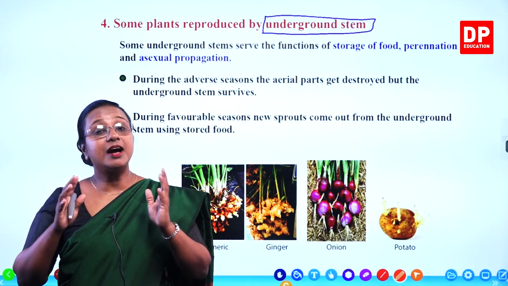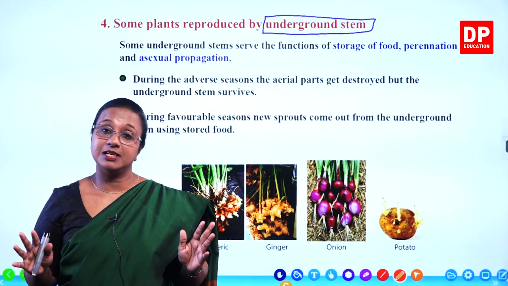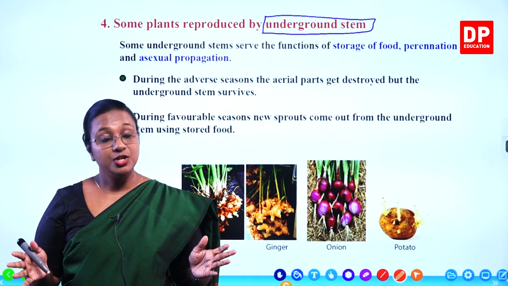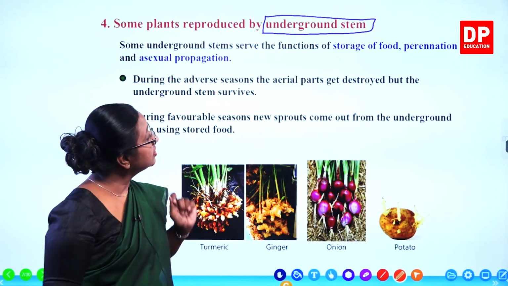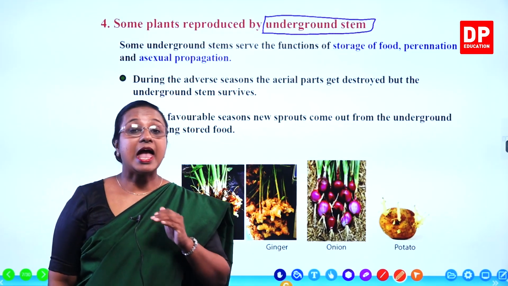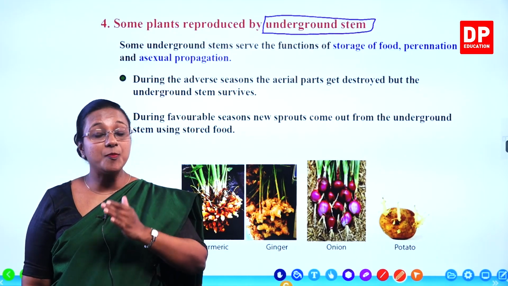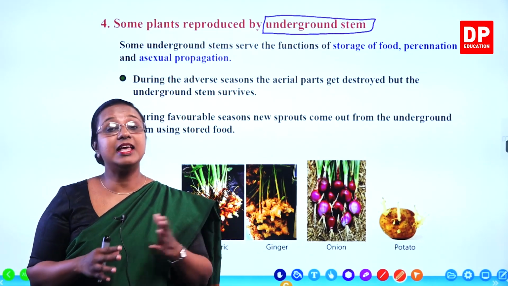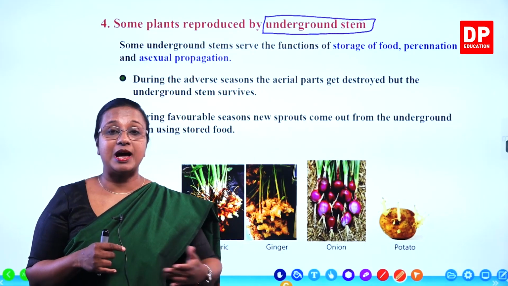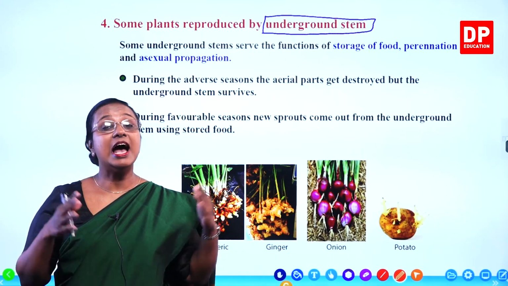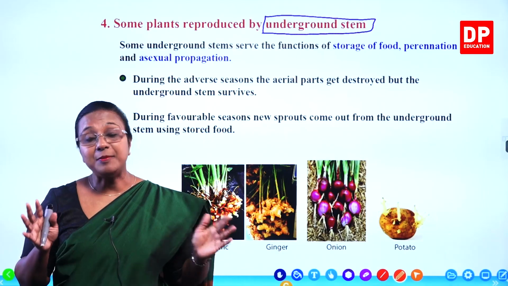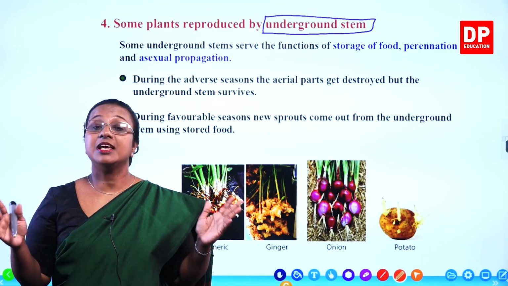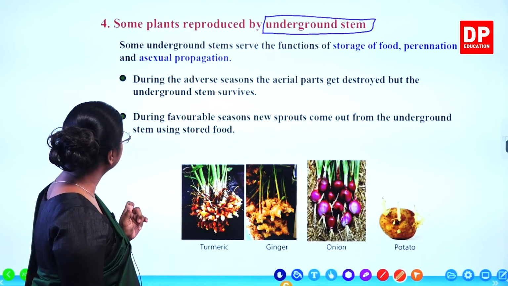These are extreme environmental conditions, but the plant has to survive. That ability is known as perennation. It is the ability to survive from one cycle of the plant until they reproduce new plants, that is the full life cycle. Until then, the ability of plants to survive extreme conditions is known as perennation.